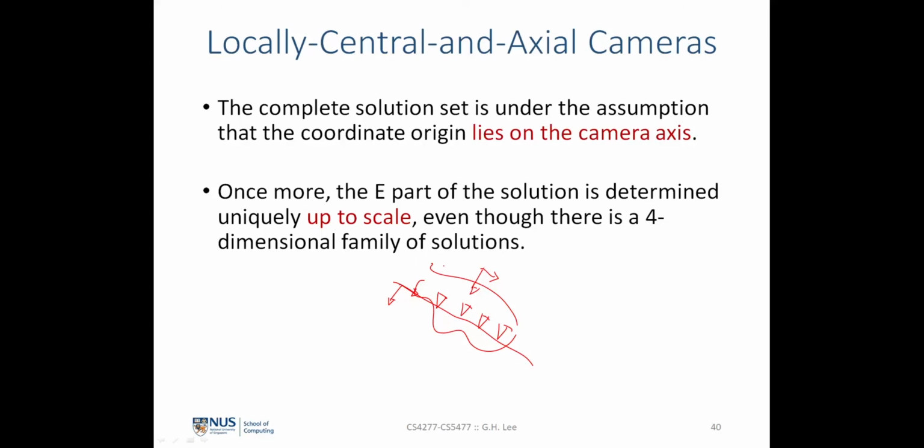So once more, the E part over here can be determined uniquely up to scale, and there's a four-dimensional family of solutions here. We'll see later that we would not need to decompose E into four different solutions. In fact, we'll only take the two rotation matrices that we can decompose from the essential matrix to get the solution.